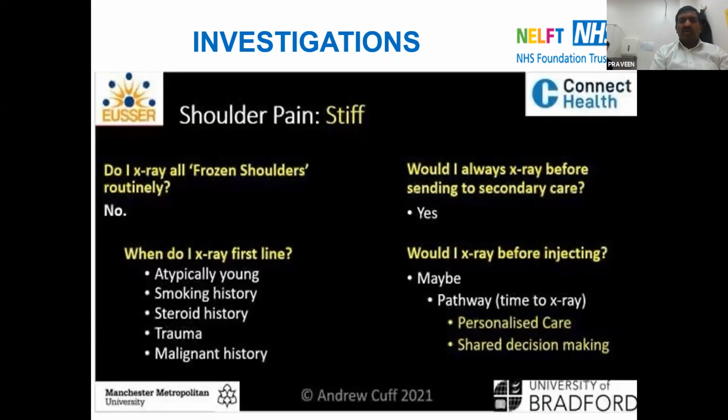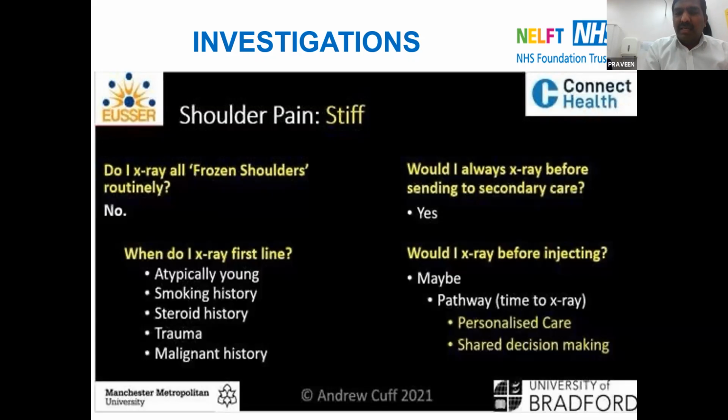And in terms of when I would X-ray a shoulder, do I X-ray all frozen shoulders routinely? No. When do I X-ray first line? If a patient is atypically young, has a smoking history, or has been on long-term steroid use, or even patients who've been on long-term anabolic steroids for those who exercise.